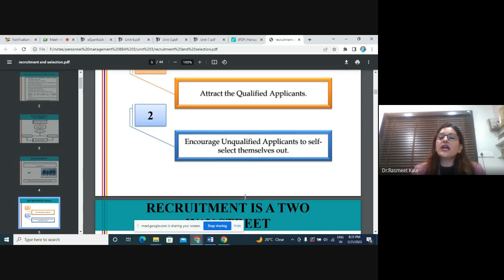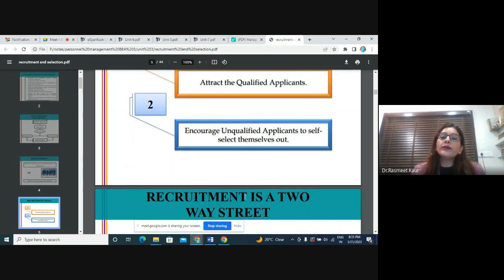Also, it encourages unqualified applicants to self-select themselves out. What do we mean by this? If my recruitment invitation is very clear that I look for a candidate who has experience of 5 years and more, a master's degree in HR, and certain skills, then all those who are unqualified will themselves be clear that this particular job is not for them.